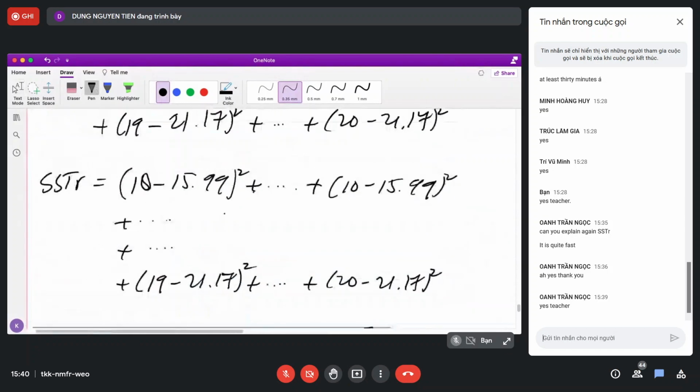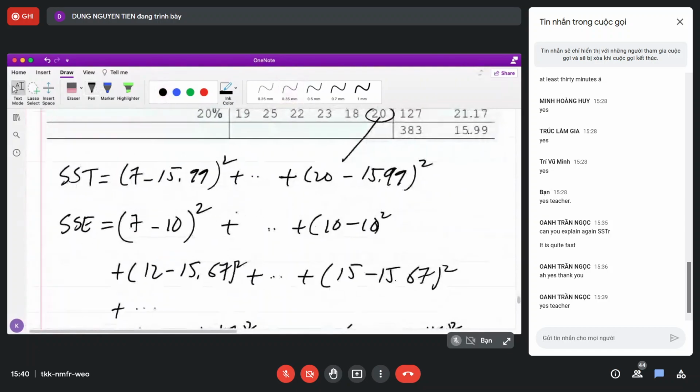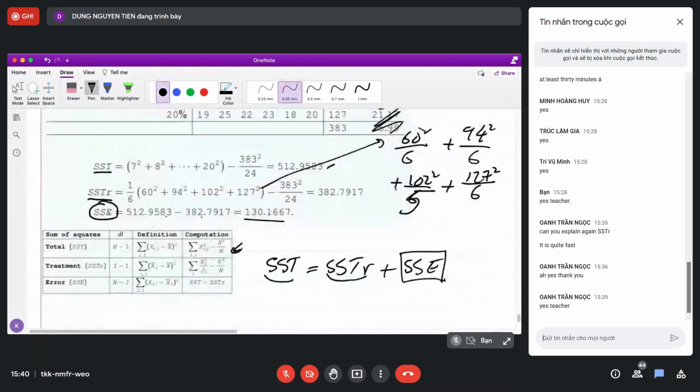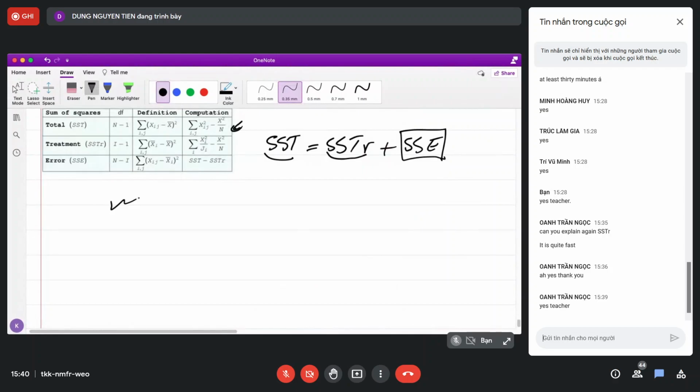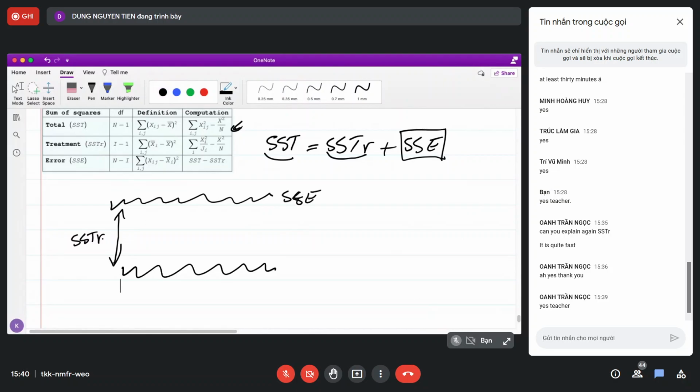So the SSTR gives you the variation between groups, and SSE gives you the variation within groups. If the variation within groups SSE is small compared to the variation between groups, you can think of the SSTR and the SSE this way. If the SSTR is too big compared to SSE, then you believe that the groups are far from each other.